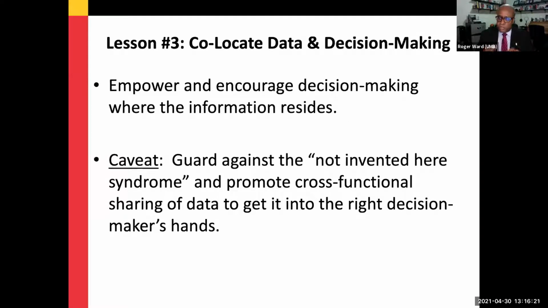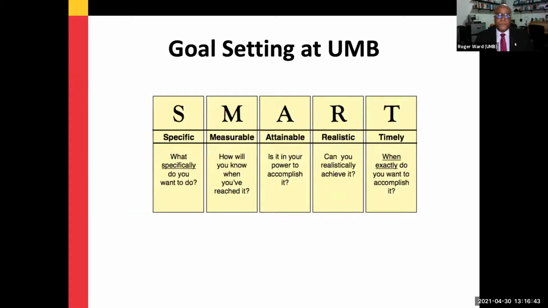So we encourage the moving of data, notwithstanding where it was generated or initially processed, to places where it could be useful in the decision-making process. And we encourage decision makers to embrace the data, notwithstanding the source of its generation.